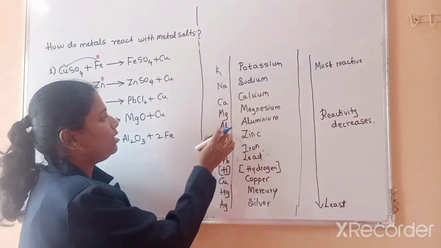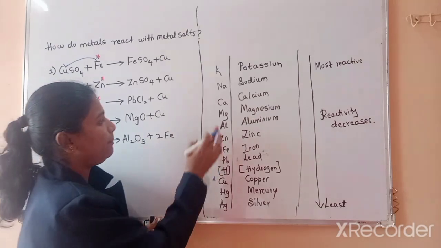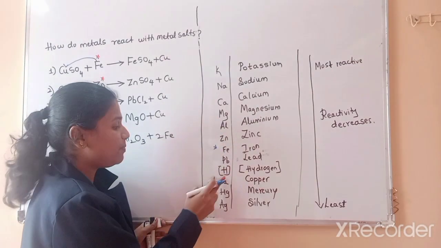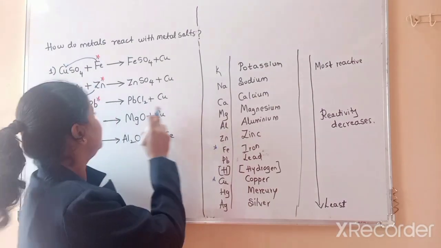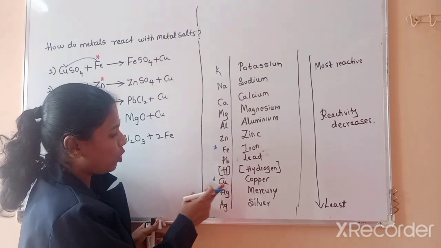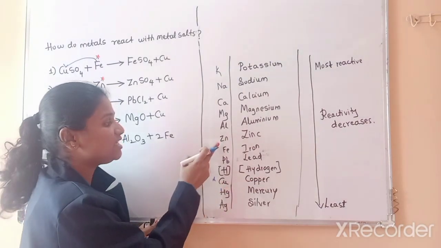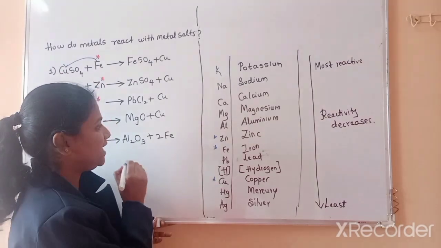In the same way, magnesium from copper oxide. See here, magnesium is above, copper is below, so the more reactive is magnesium. Then we have zinc. Zinc is here, copper is below, so zinc is more reactive than copper. Then lead.